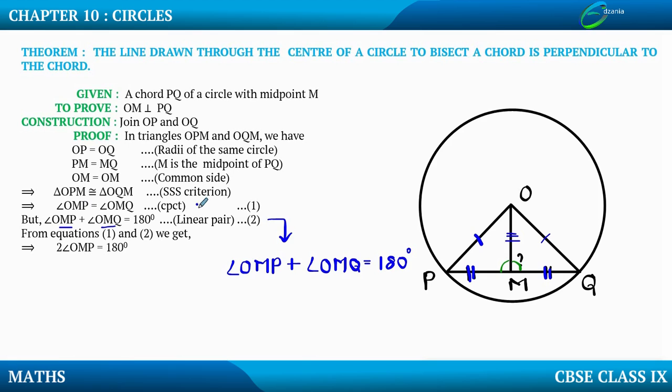But in the previous step, that is in step number 1, I already have OMP is equal to OMQ. I'm writing down OMP as it is. And instead of OMQ, again I'm writing down OMP because both are equal. So I'm replacing this OMQ by OMP. Again equal to 180 degrees.